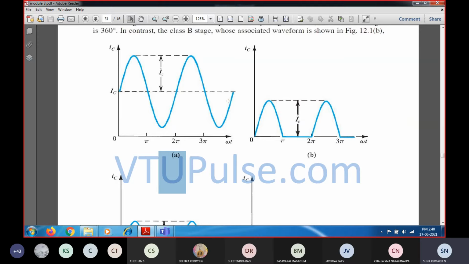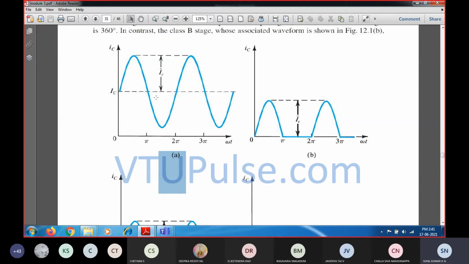In this class A amplifier, the output signal varies for a full 360 degrees, that is from 0 to 2 pi, 0 to pi, pi to 2 pi. From 0 to 2 pi, the output signal varies with its full amplification.